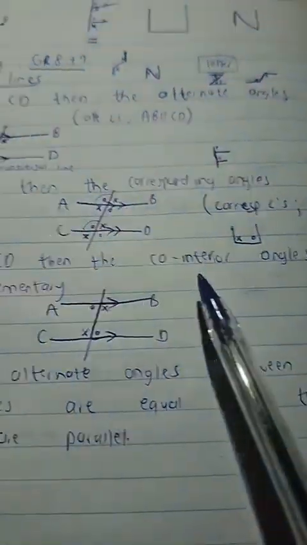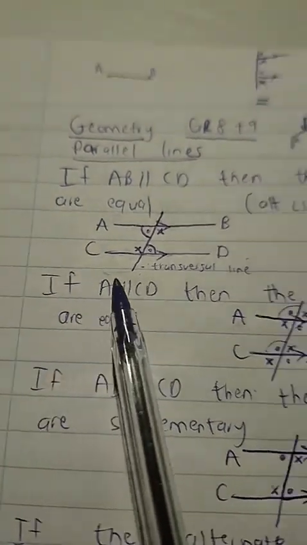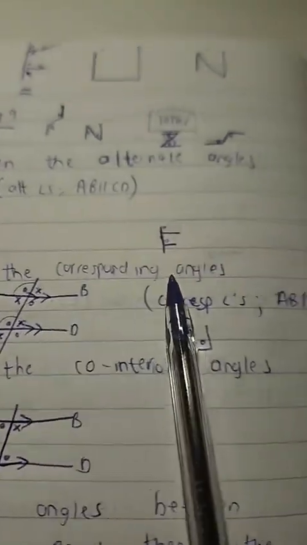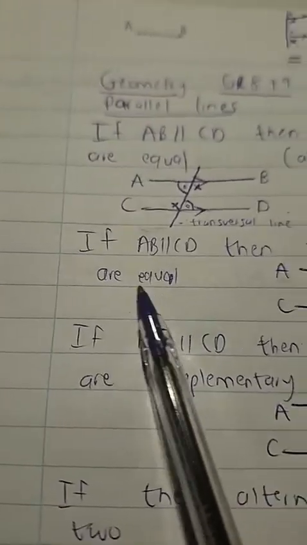That is corresponding angles, and these angles are equal as long as the lines are parallel. That's the F shape. The statement is if AB is parallel to CD, then the corresponding angles are equal.